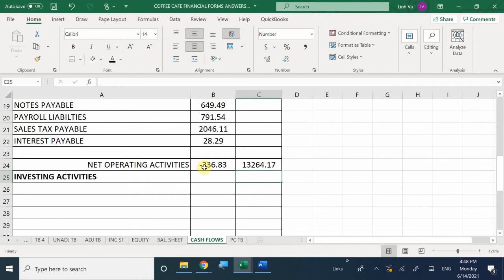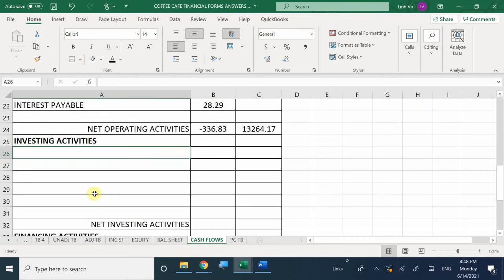Now the next section here is going to be all of your fixed assets. But before we do that, the first thing that we did here was we sold furniture. We purchased furniture at $4,000, and we sold it to get money back. That's going to be considered an investing activity. The investing activity is purchasing things such as fixed assets that allow us to operate our business.